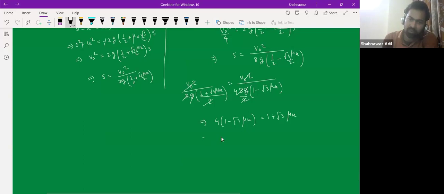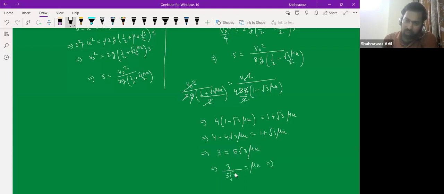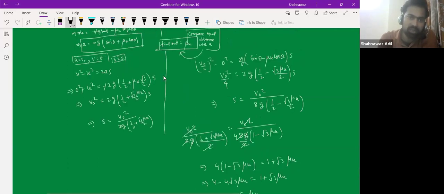So 4 minus 4 root 3 mu k, and then 1 plus root 3 mu k. So this will go the other side, this will go the other side. So 3 is 5 root 3 mu k. So what will be this thing? This is 3 by 5 root 3 mu k. So this is root 3 by 5. And we have to multiply it by how much?